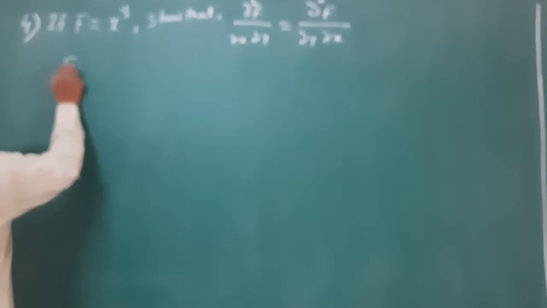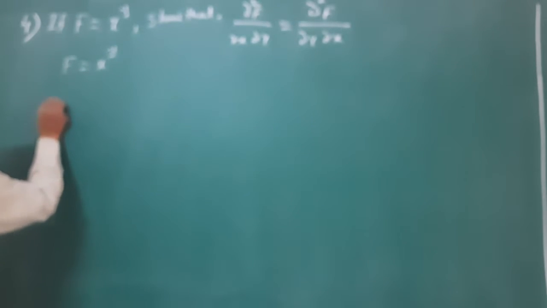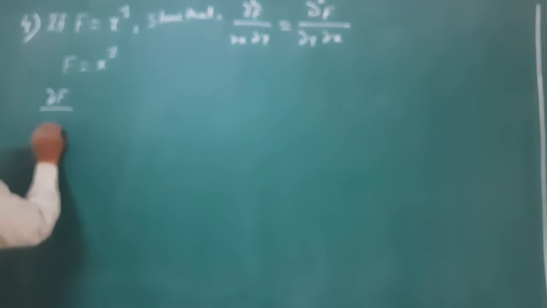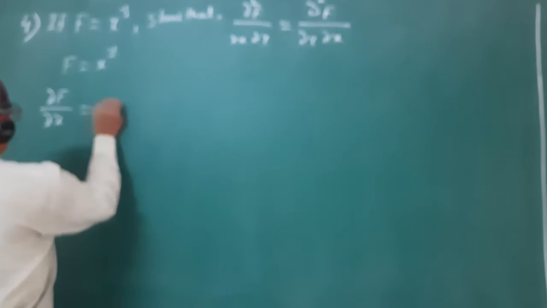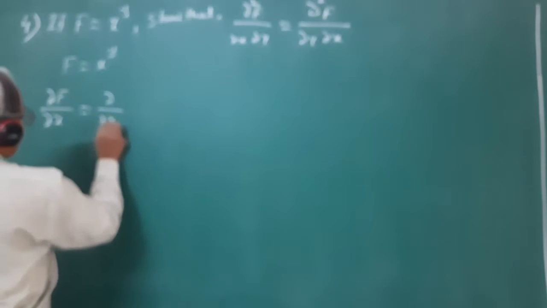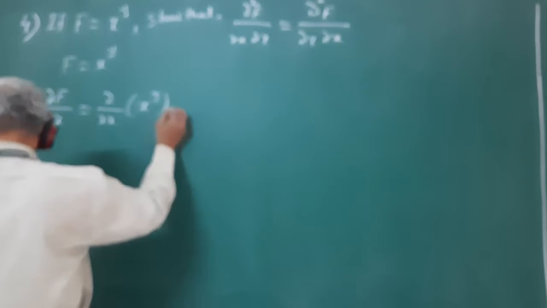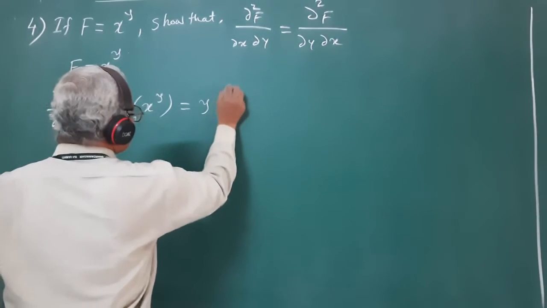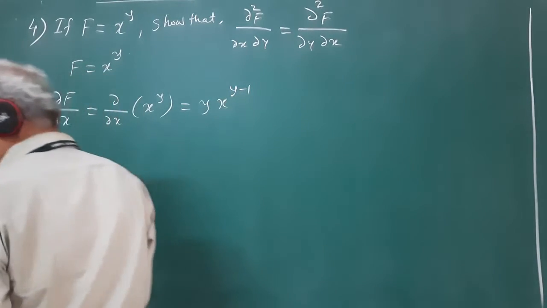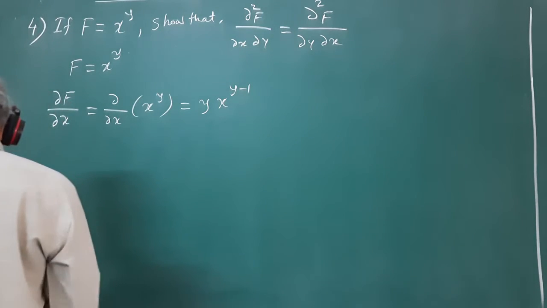So we are given f is equal to x raised to y. Differentiating this f partially with respect to x, we shall get ∂f/∂x equal to ∂/∂x of x raised to y, and this is nothing but y x raised to y minus 1.